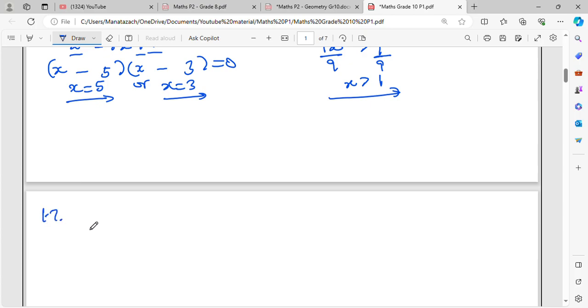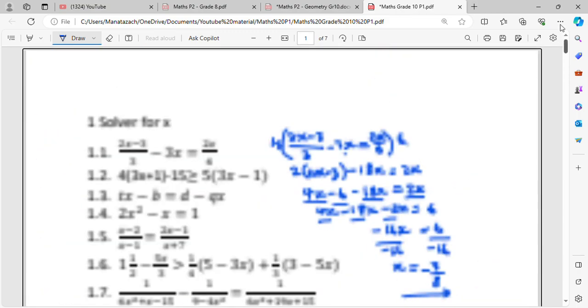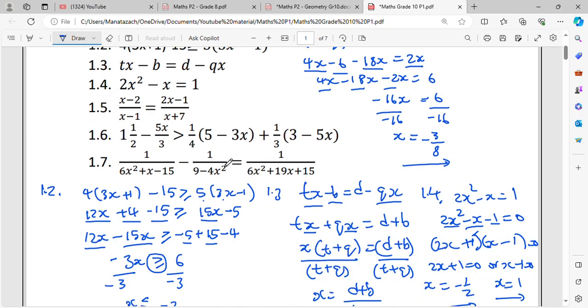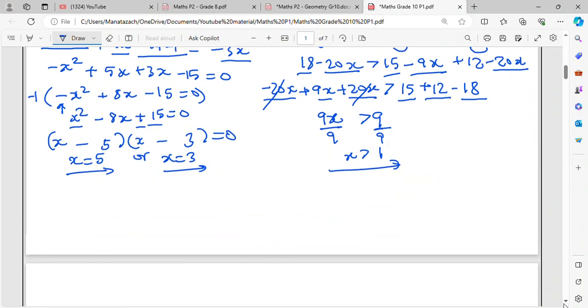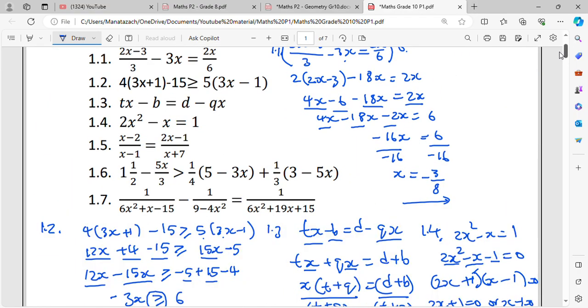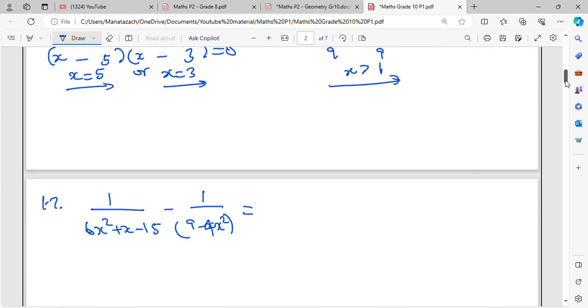So that's 1 over 6x squared plus x minus 15, and then the next term is minus 1 over 9 minus 4x squared is equal to 1 over 6x squared plus 19x plus 15.